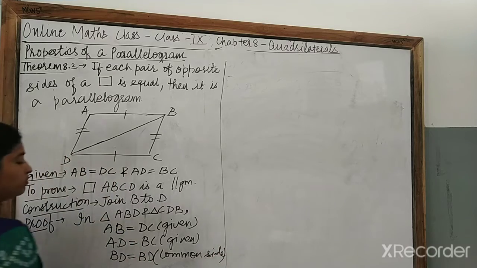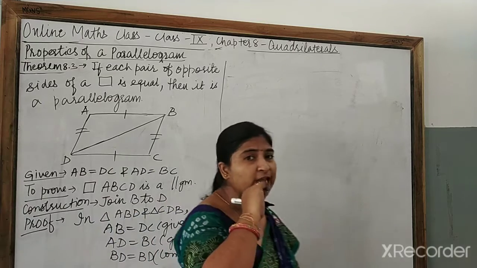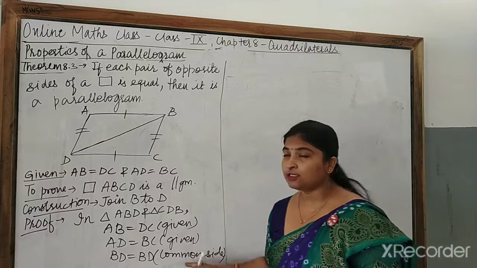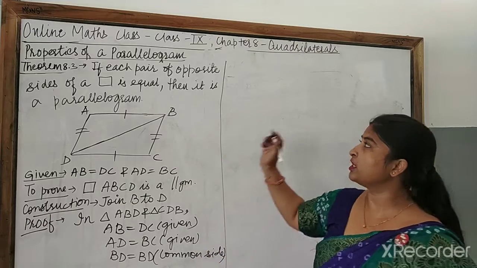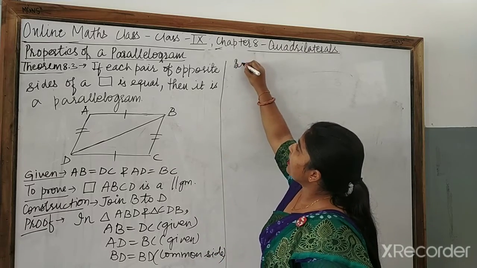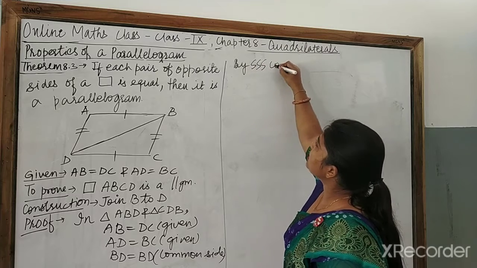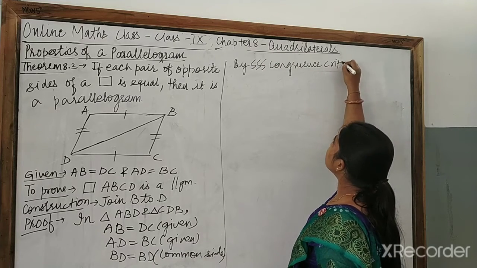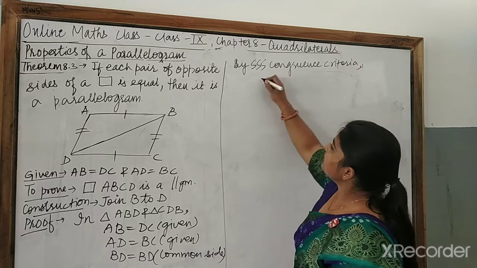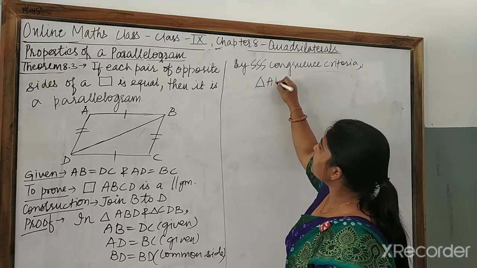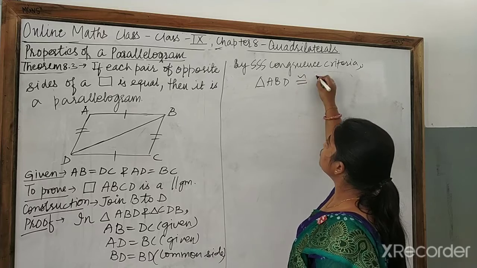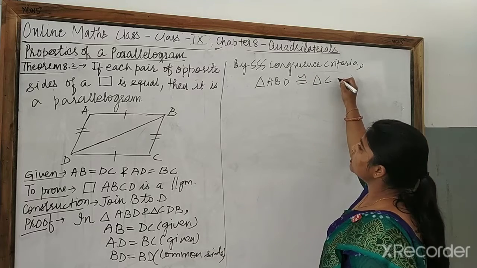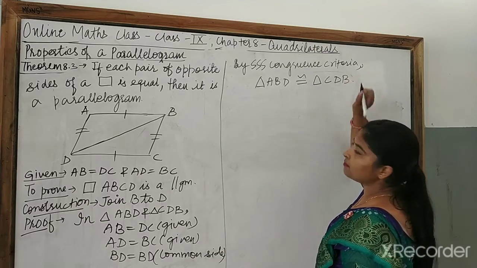Okay. So now moving to the next. That is, if three sides are equal to the corresponding three sides, so by SSS congruency criteria, triangle ABD is congruent to triangle CDB. Okay.